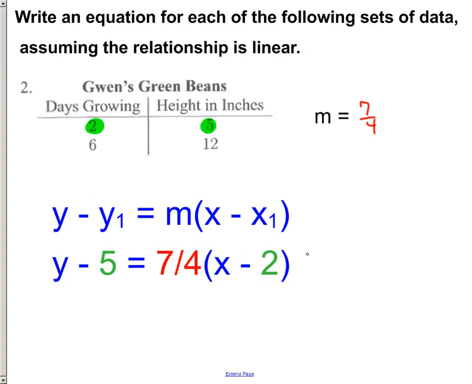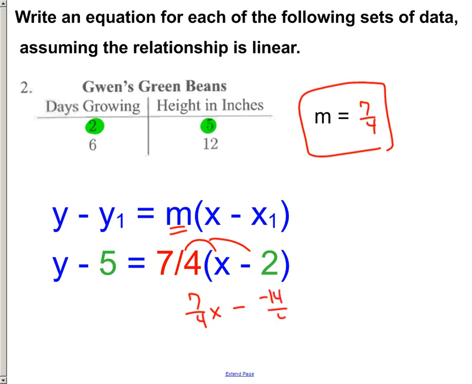So here's number two for Gwen's green beans. We know that the slope is 7/4, so it's plugged in there, and we've got the x and y value already plugged into point slope as well. So now we just distribute. Let's see, that's actually going to be negative 7/2.